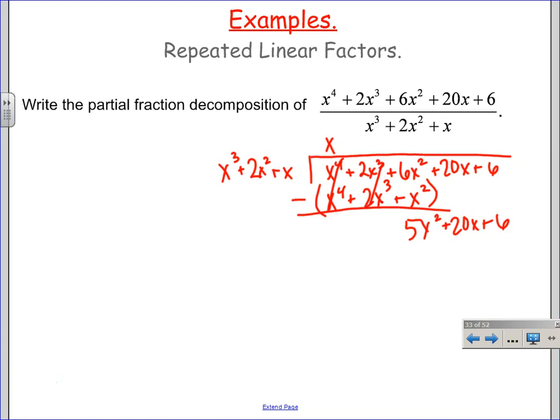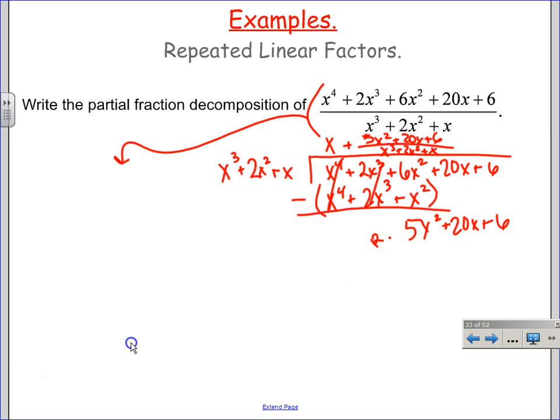No. So how do I rewrite this huge guy? Five x squared plus 20x plus 6 all over x cubed plus 2x squared plus x. But what am I actually taking? Am I taking the whole guy to do partial fractions?